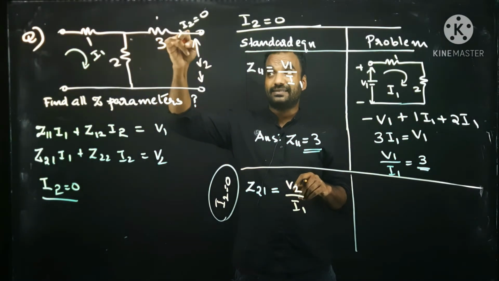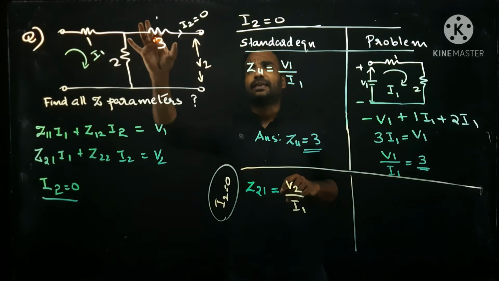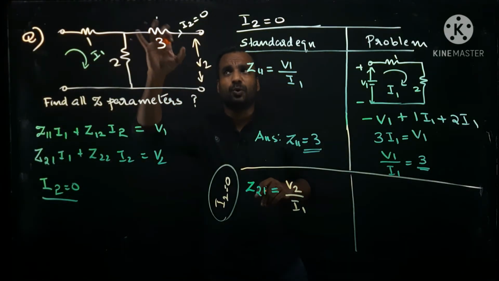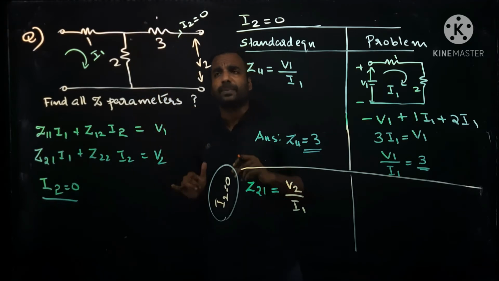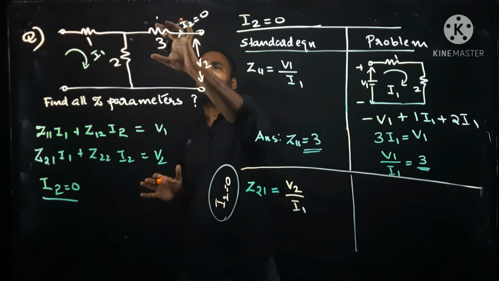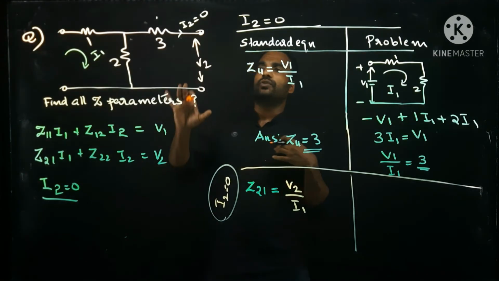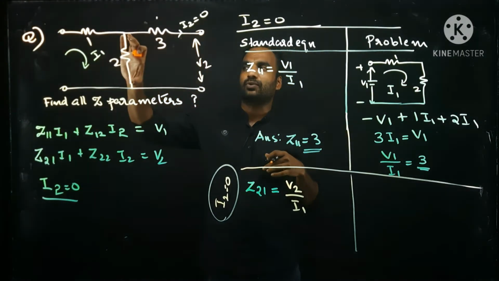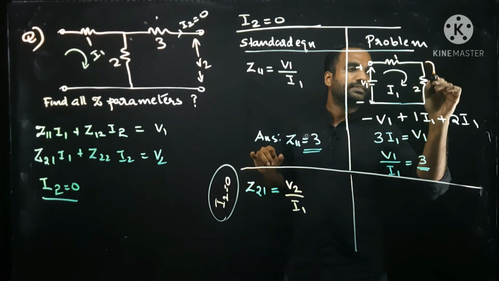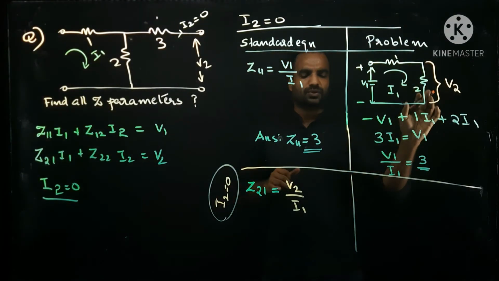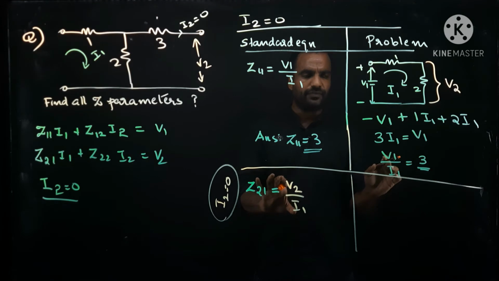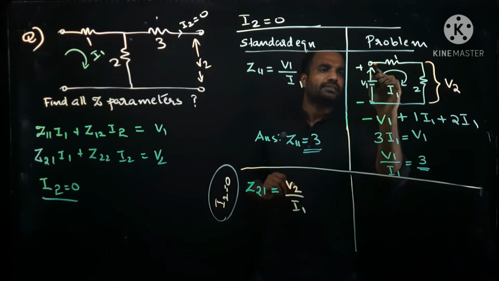If current is passing through this 3 ohm resistor, some current into resistance, voltage will get lost. A drop will be developed here. But in this case, no current is passing as I2 is 0. So we can tell V2 will be the voltage across this terminal. So this is V2. Please relate V2 and I1.